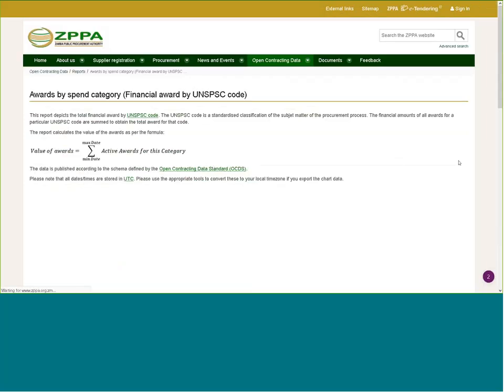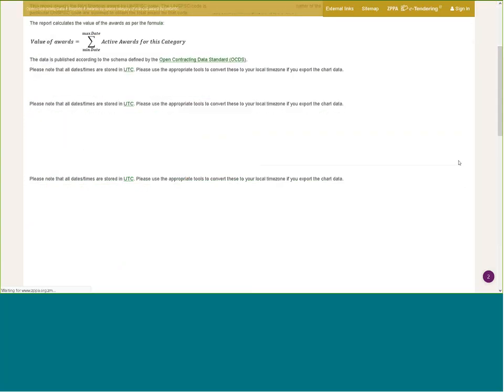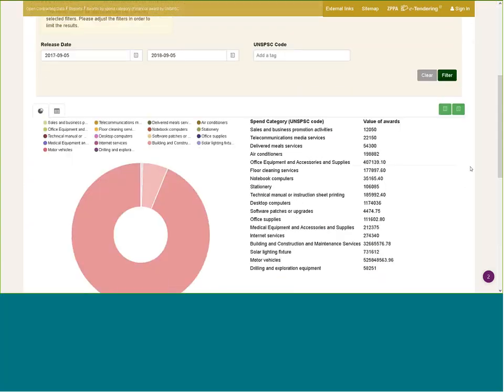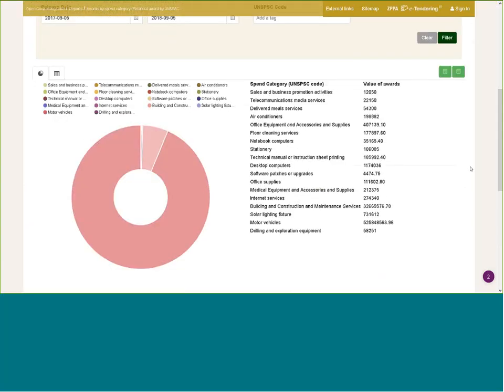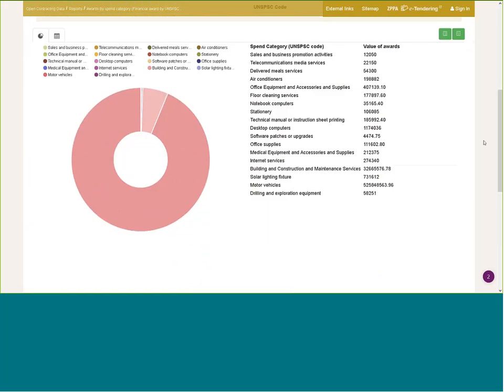So what we find is we have a beautiful pie chart there which shows where money is being spent. The issue is, if you go to the official e-procurement system, you find that the data on the OCDS is so dependent on processes being completed in the national e-procurement system.